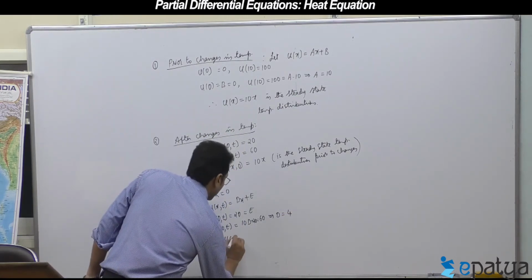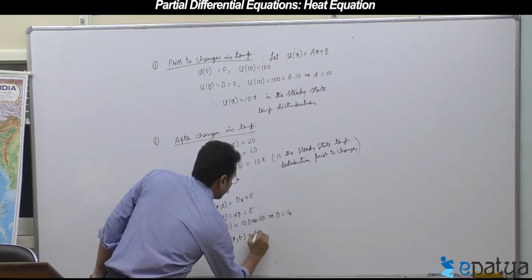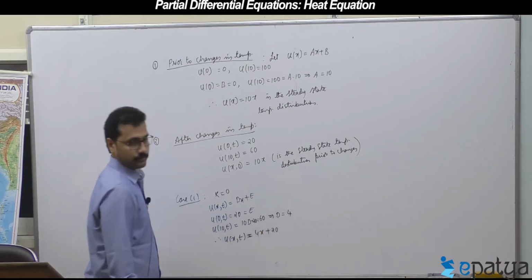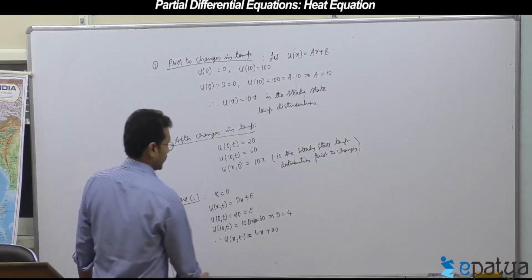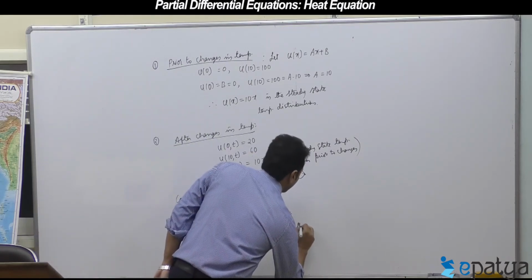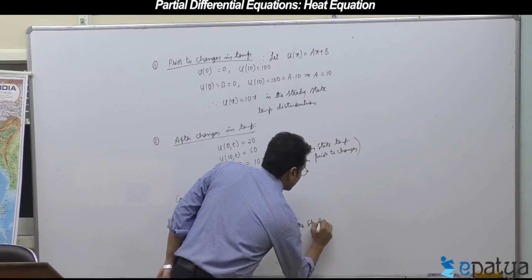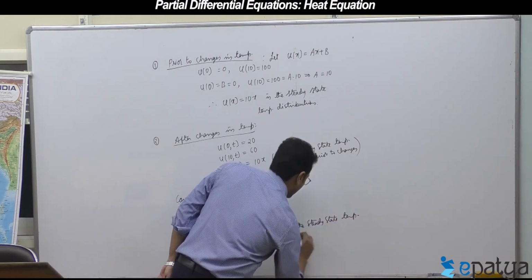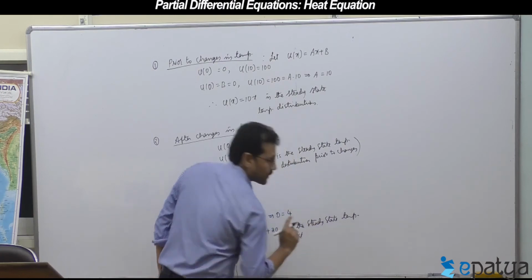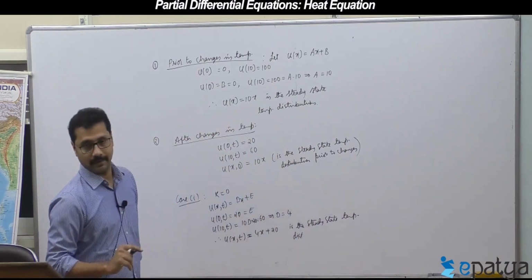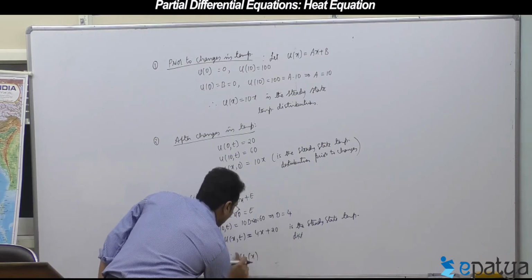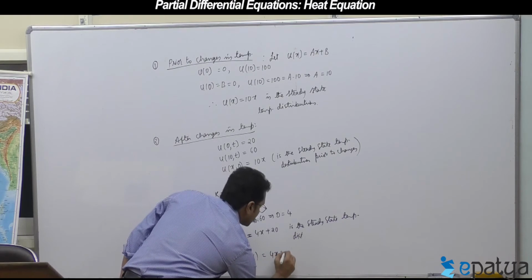Therefore, u of x comma t equal to 4x plus 20 is the steady state temperature distribution. Therefore, let us of x equal to 4x plus 20.